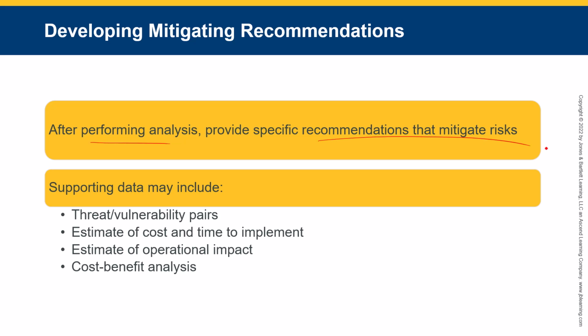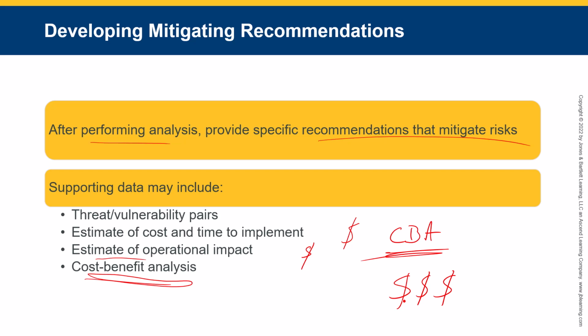We normally try to link threat and vulnerability pairs so they're put together. We do try to figure out costs so we can do a cost-benefit analysis. We also try to estimate operational cost. And all of this is tied back to that CBA.